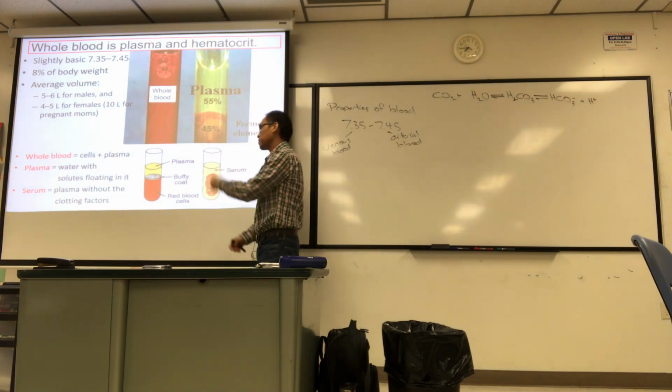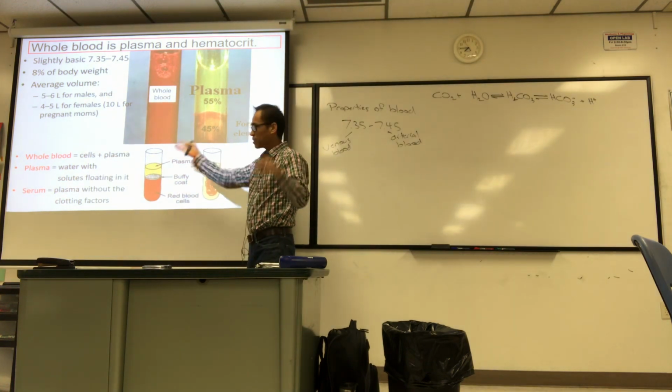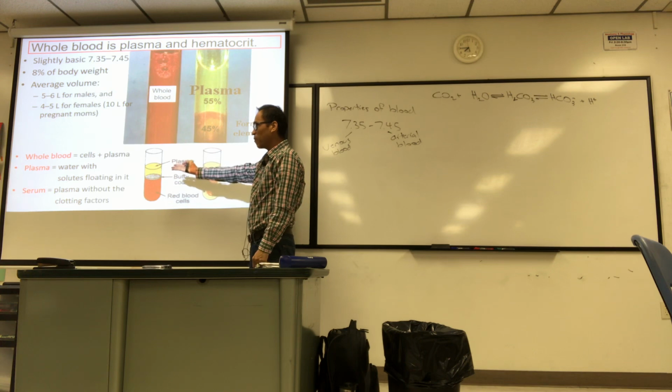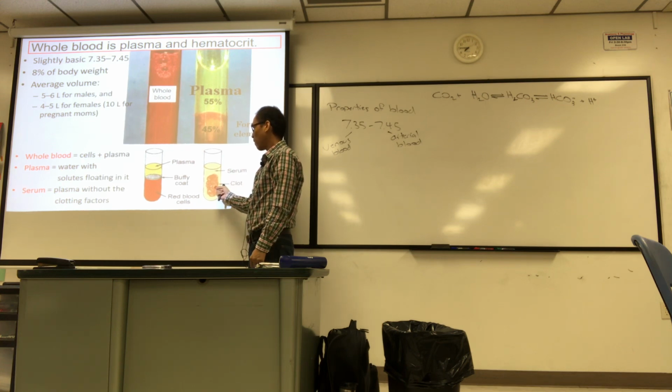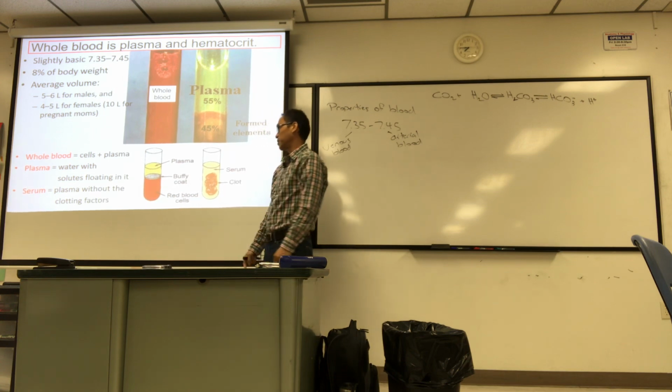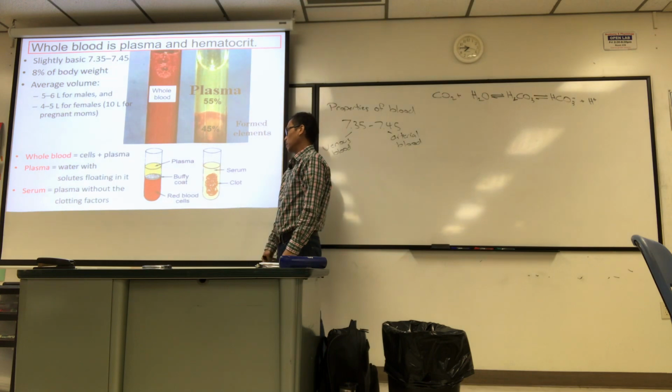All right, some more terms. I told you what whole blood is: the formed elements, which are the cells, plus the plasma. Then the plasma itself is mostly water with some solutes floating in it. If you siphon off the plasma and leave it on the bench top, the clotting factors will self-clot intrinsically. If you don't need the clotting factors for your analysis, you can just siphon off the serum.